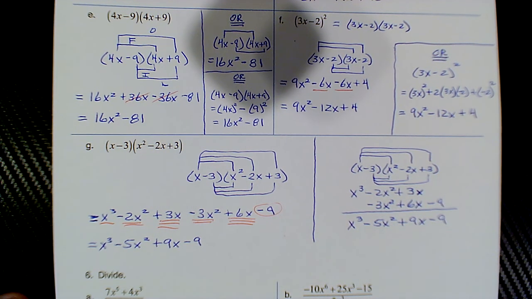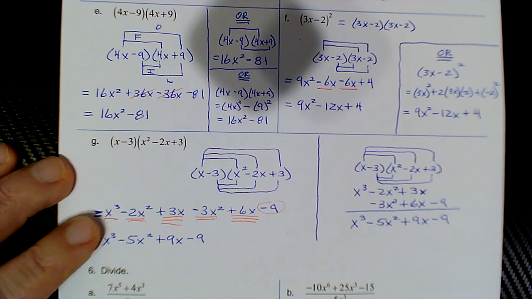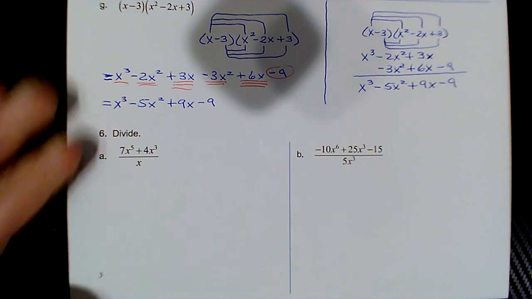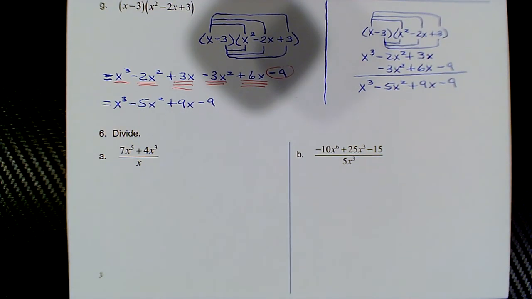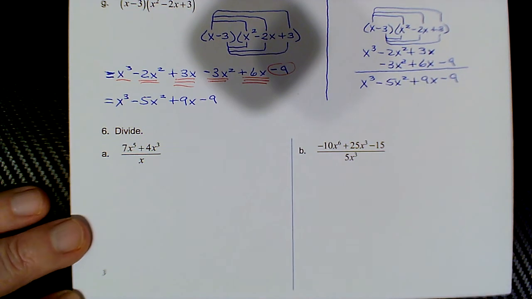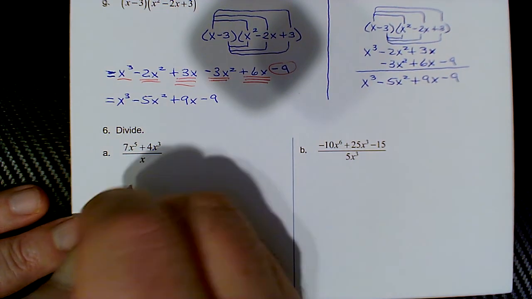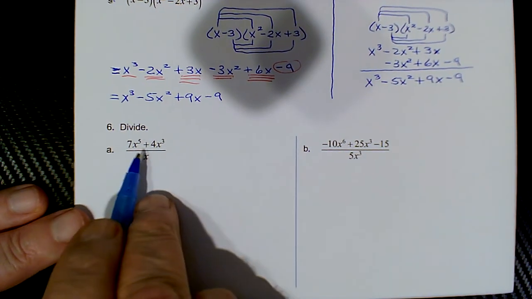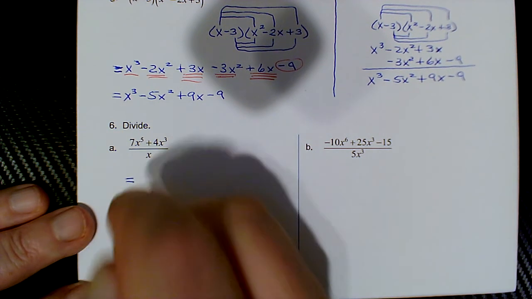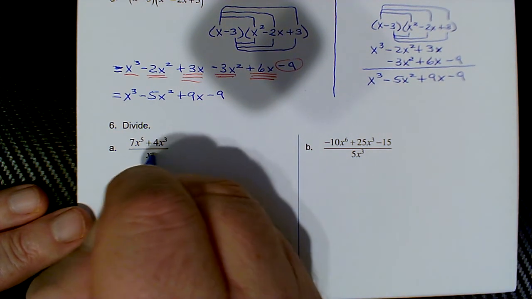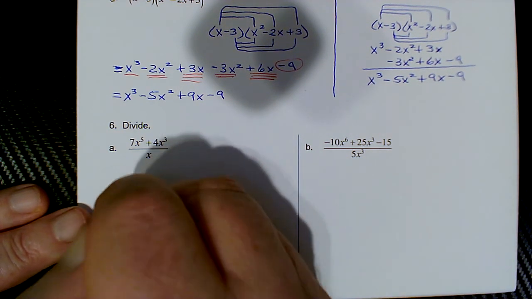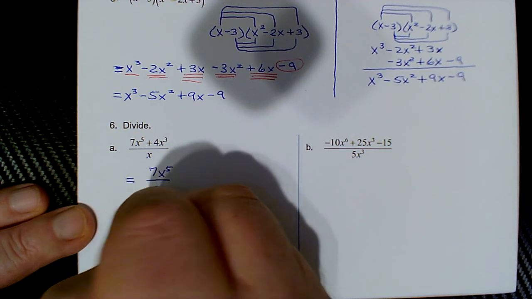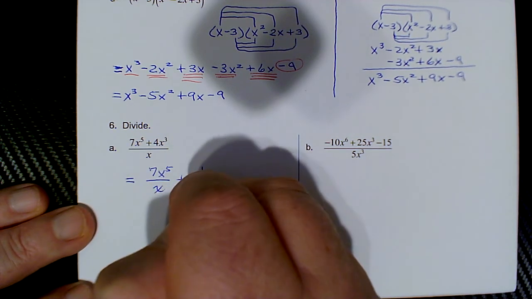Okay, and then the last two questions are just basic divisions by a monomial. And remember, what we're doing is we're reversing the concept of combining fractions. And the easiest way to show this, you should take a step and rewrite it. This denominator gets divided into each term of the numerator. So 7x to the 5th gets divided by x, and then plus the 4x cubed gets divided by the x.